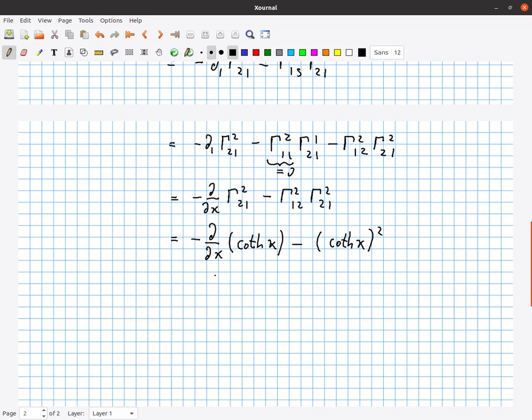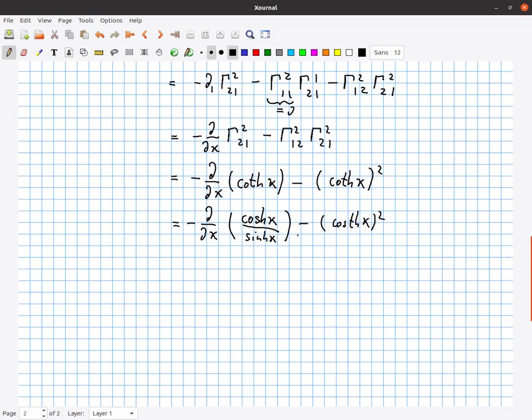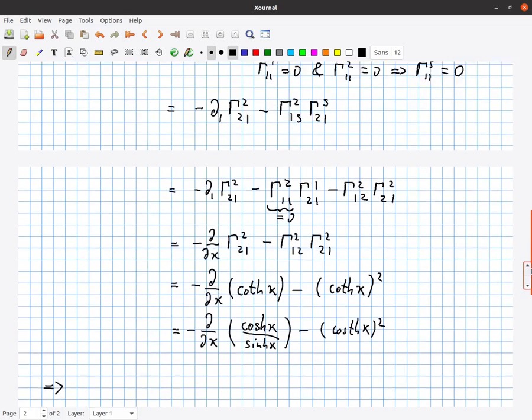If you can't quite remember how to differentiate this, d over d kappa, recall the definition, cosine hyperbolic kappa over sine hyperbolic kappa, cotangent hyperbolic kappa squared. And then here we can use the quotient rule. I'm just copying the result here.